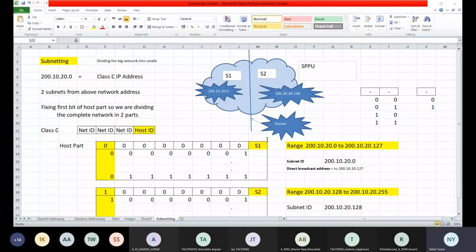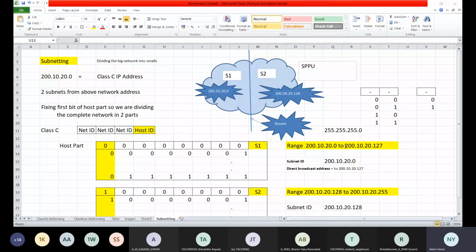So the mask for the outside world's network: for this particular router, the outside world router, 255.255.255.0 will be my subnet mask. It is a default mask because it is a class C network.